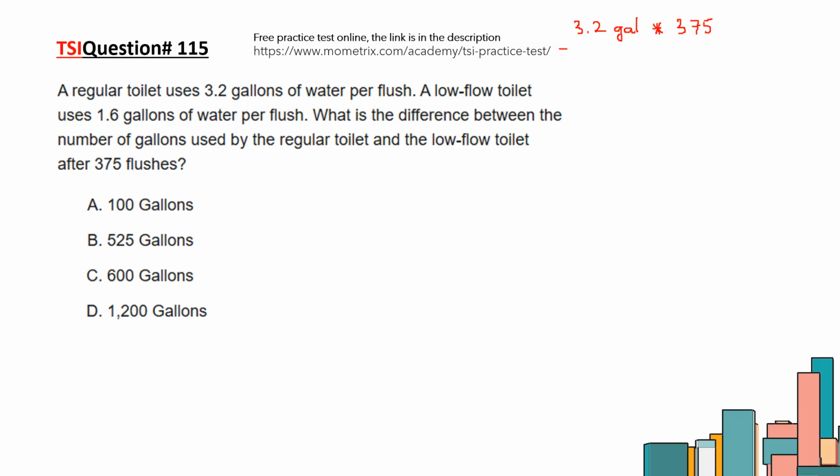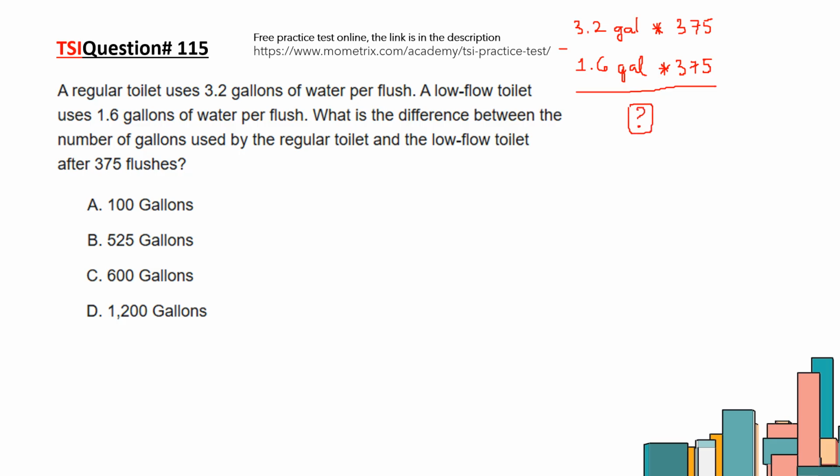Then you subtract 1.6 gallons for the low-flow toilet with the same number of flushes. So that will be your answer. Basically, if you do that, you have to do the multiplication of the 3.2 gallons, and then the multiplication of 1.6 gallons.